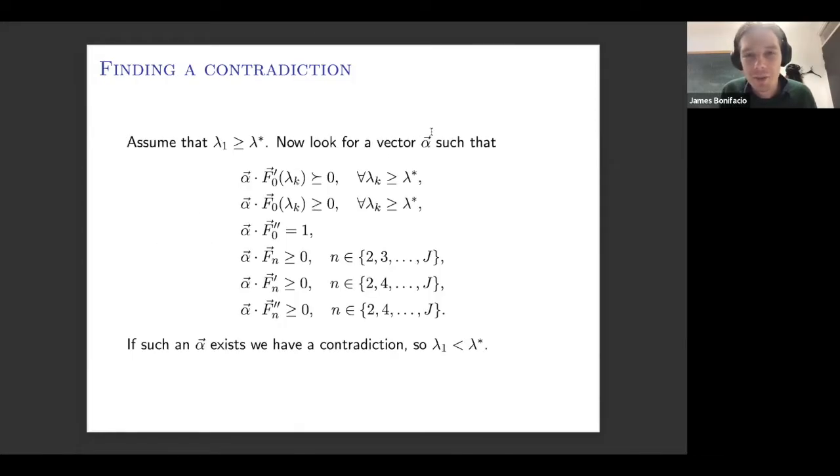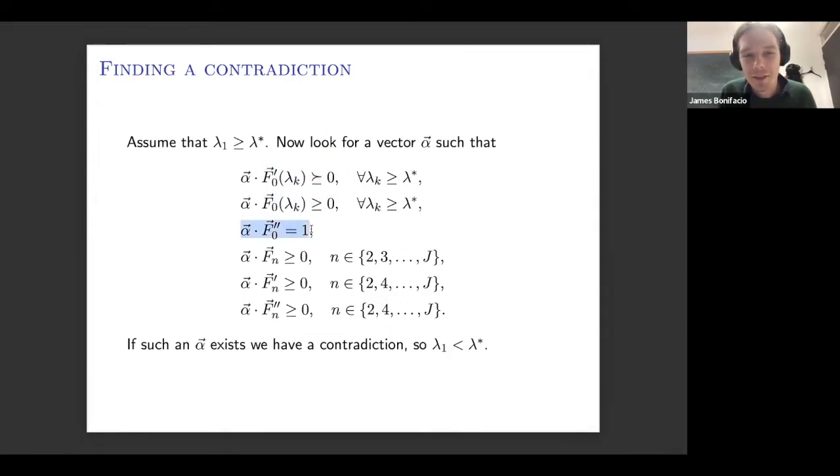I'm going to try and choose this alpha such that when I dot it into this matrix F naught prime, it's a positive semi-definite matrix for all lambda k greater than or equal to lambda star. Similarly, I want alpha dotted into this vector to be non-negative.